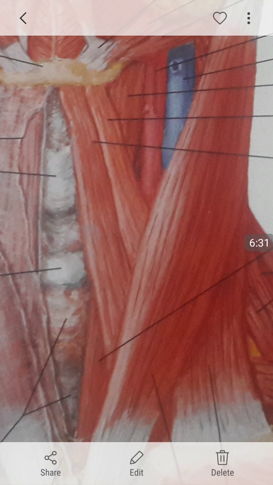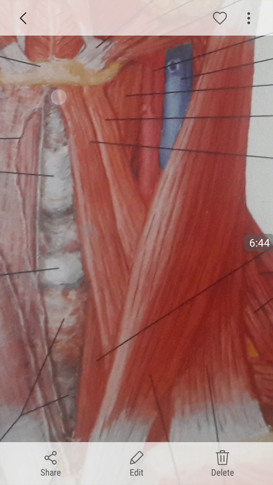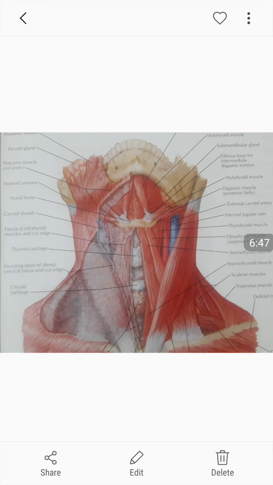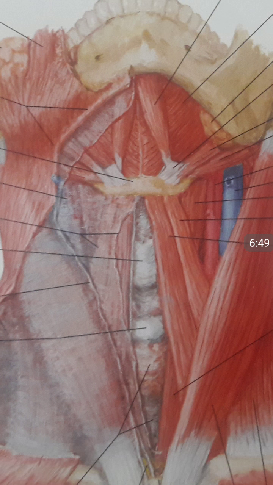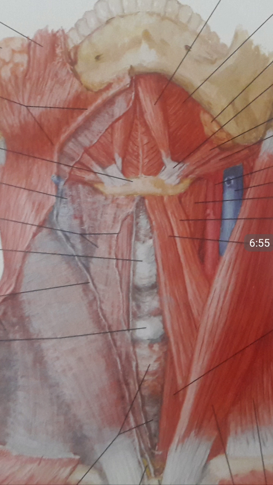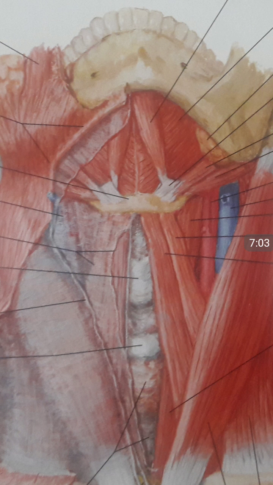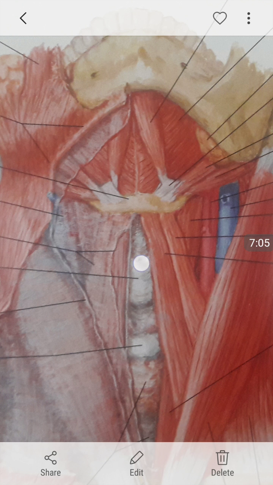Then inferiorly it is bounded by the anterior border of the sternocleidomastoid, and in the midline by the same imaginary line which divides the neck. The contents of this triangle are the infrahyoid muscles plus the thyroid gland.